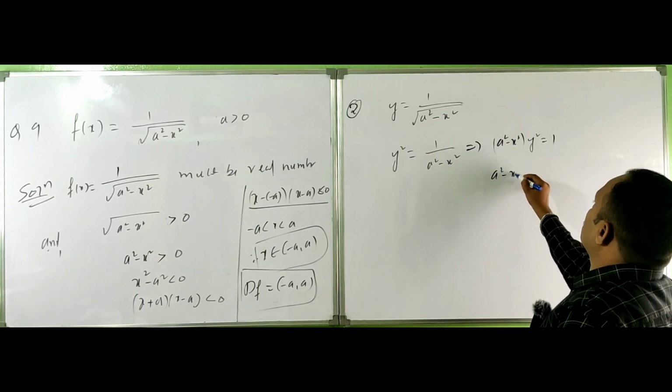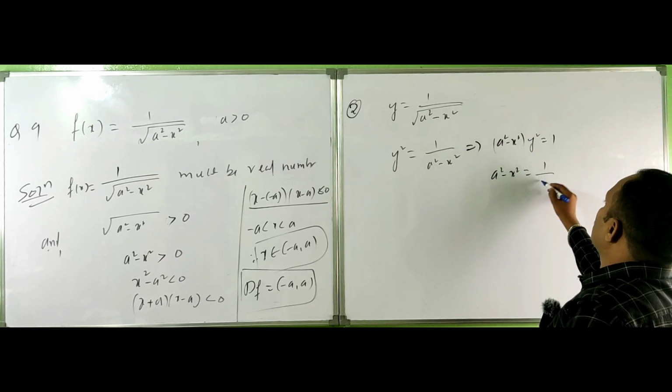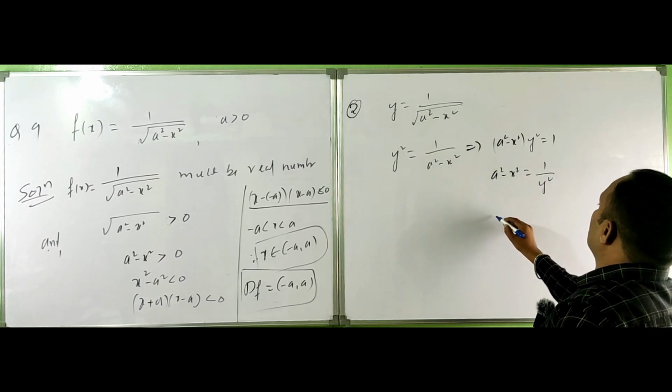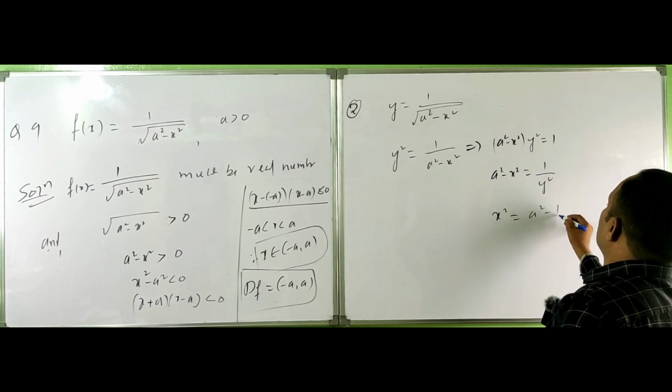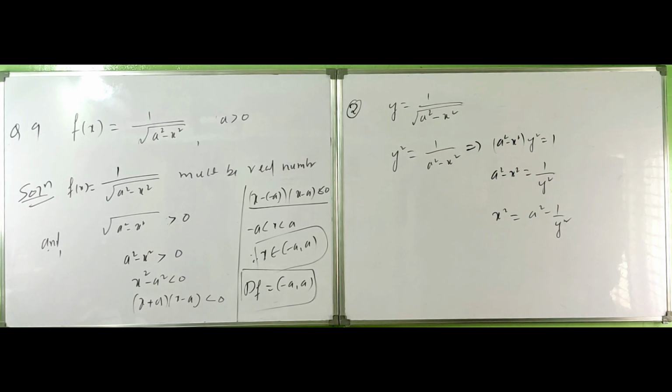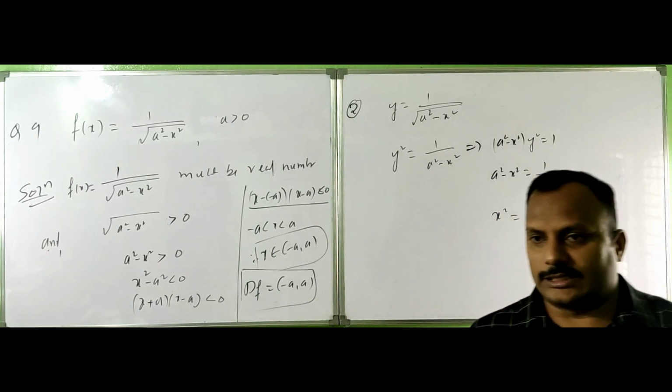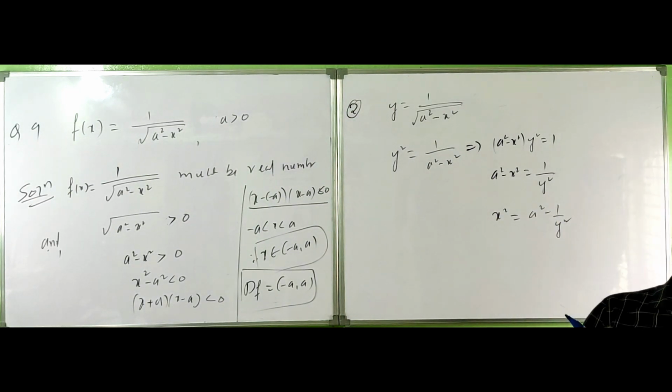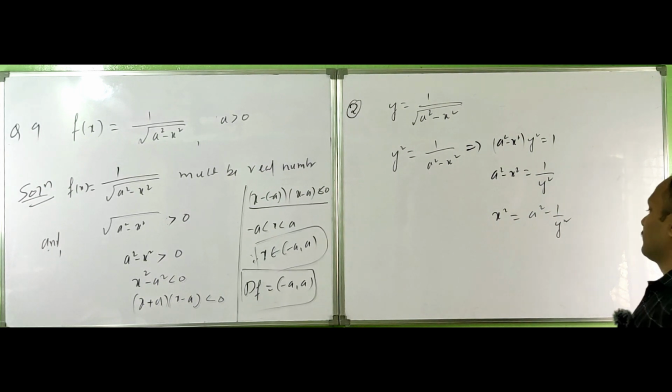A square minus x square is equal to 1 by y square, and x square is equal to a square minus 1 by y square. Why I am taking x in terms of y is because we should check whether y is defined or not.